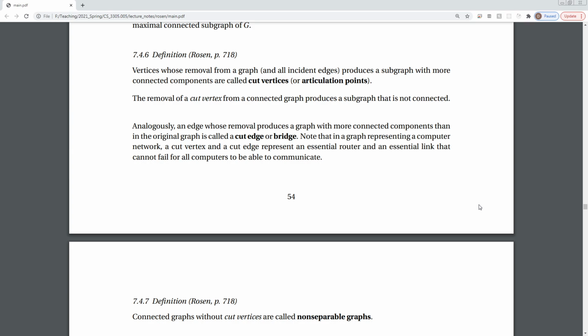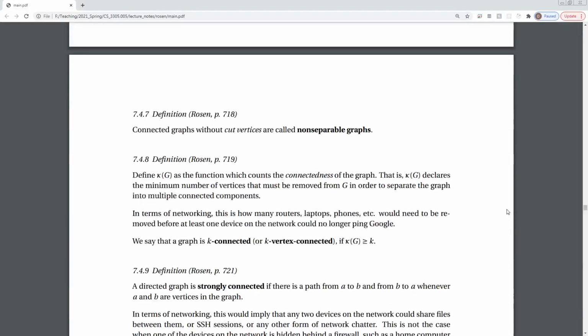So in the example where we had the router connecting the two areas, the office and the warehouse, that would be a cut vertex. Or if one of the cables got chewed through by mice or whatever, that would be a bridge or a cut edge that could completely disrupt communication.